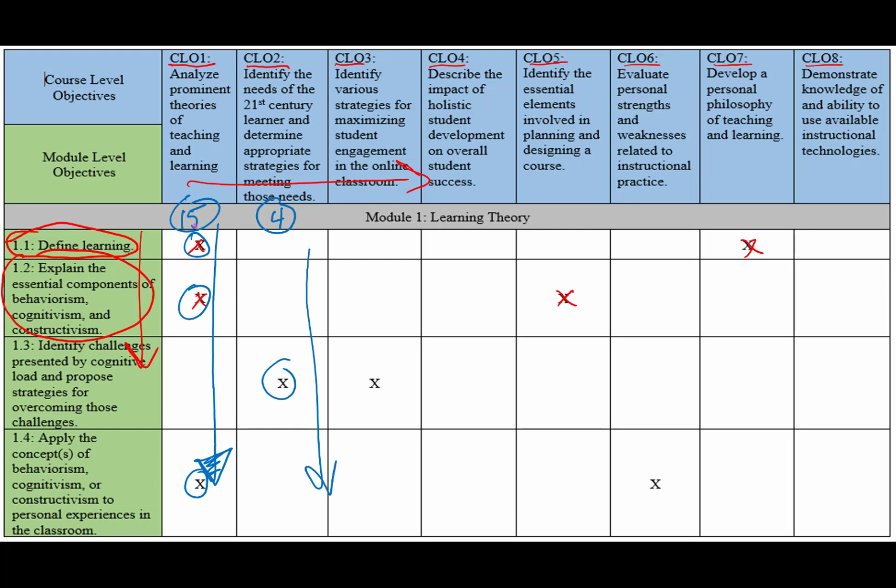When you see these things and you can count and visually see how much each one of your course level objectives is being supported, then it just gets you into different thought processes and thinking along different lines and second guessing yourself in areas that maybe you would have overlooked without doing these things.